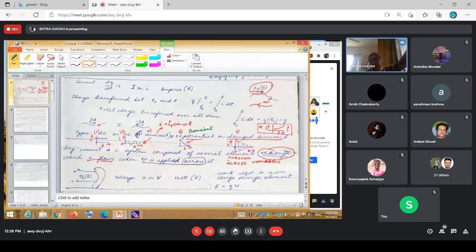As you can understand, in electrical circuits, the through variable is current and the across variable is voltage. You apply voltage across two terminals, and if there is a closed path, then a current flows through it.